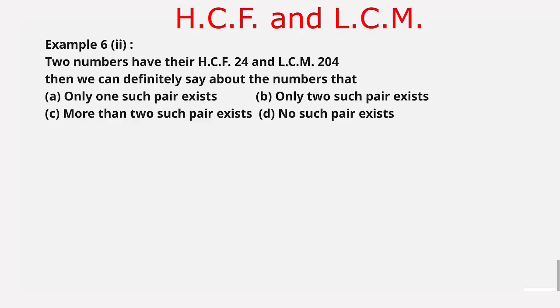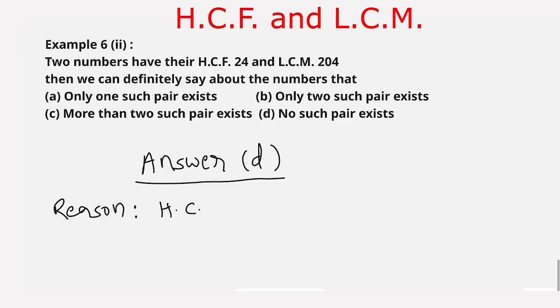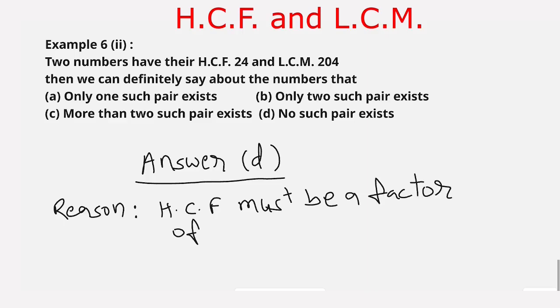Therefore, our answer is no such pair exists whose LCM is 204 and HCF is 24. So our answer is option D, no such pair exists, and I am writing the reason. HCF must be a factor of LCM and 24 is not a factor of 204.